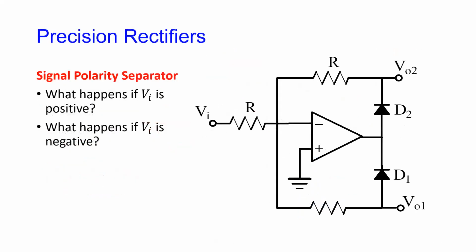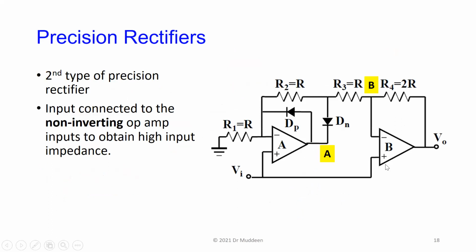In the non-inverting mode, the input signal sees the input resistance of the op amp. I don't know if you ever cover the internal circuitry of the op amp in level 1.